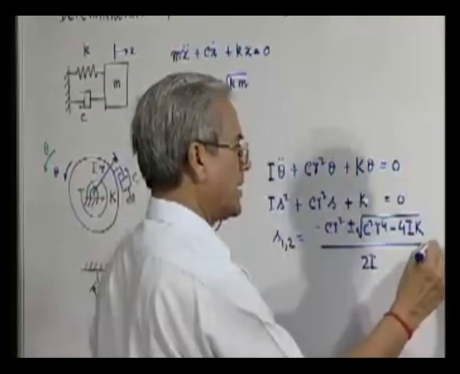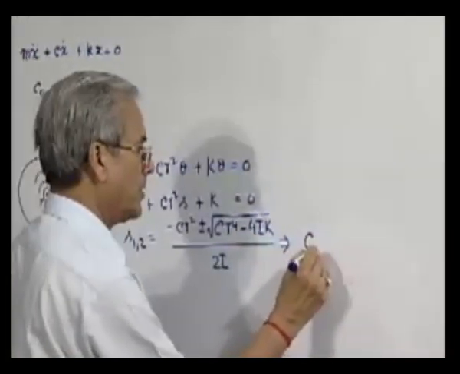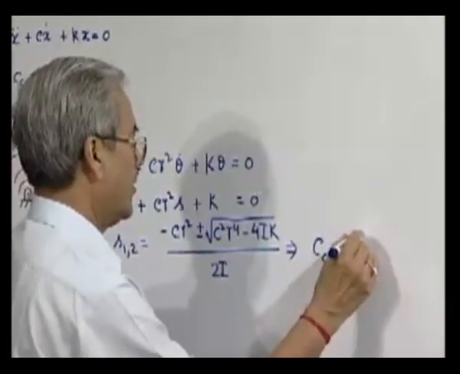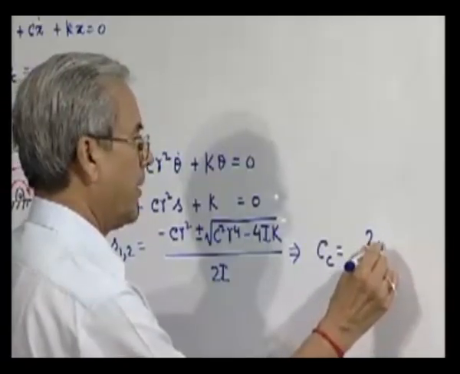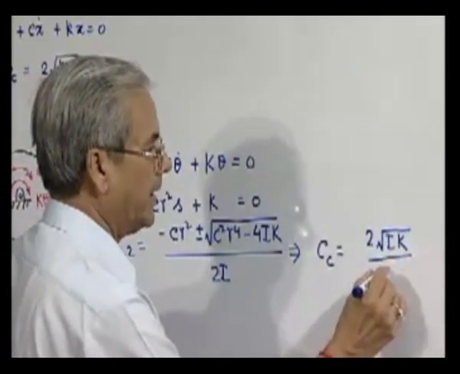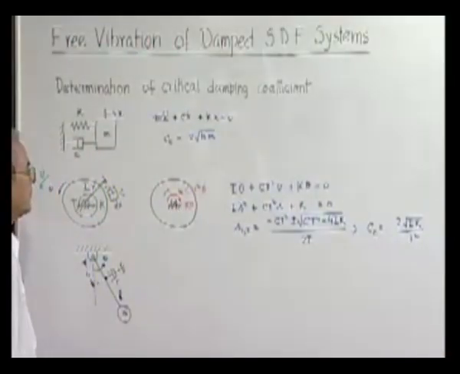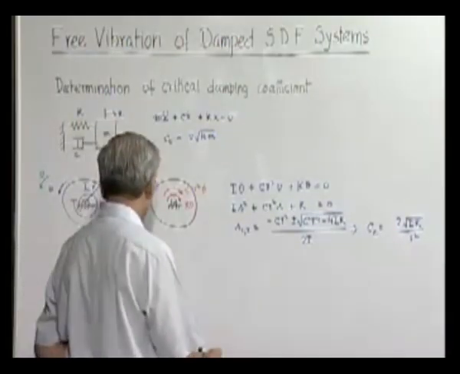And this gives us that the critical value means this has to be 0, and so Cc becomes equal to 2 square root of I k divided by r squared. Now the last case.